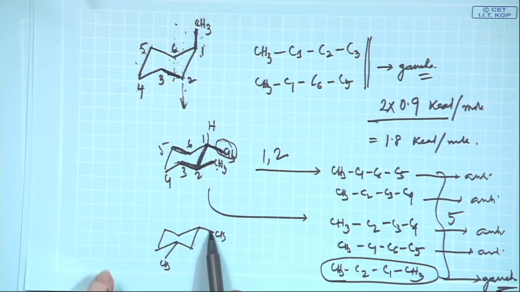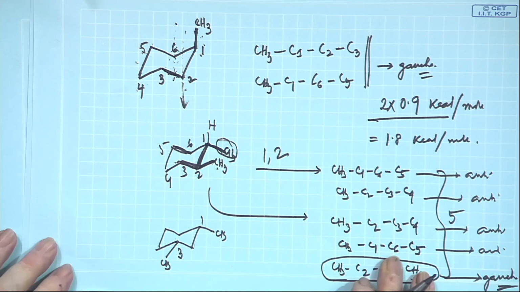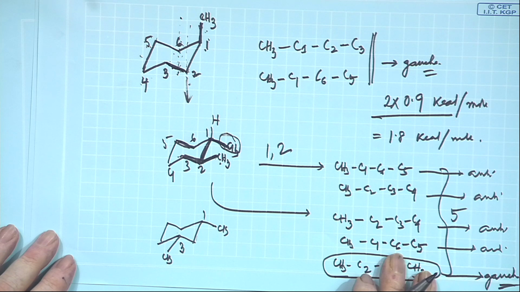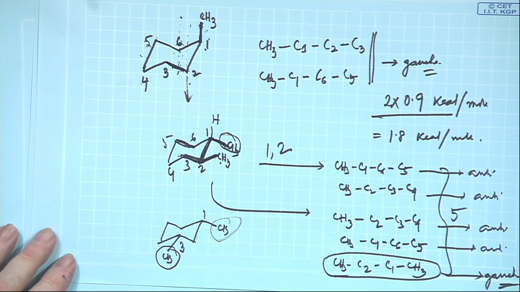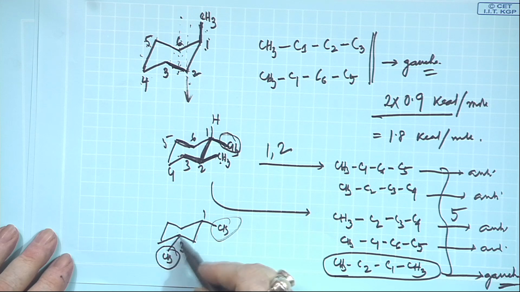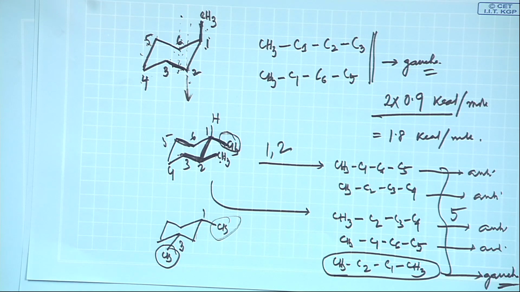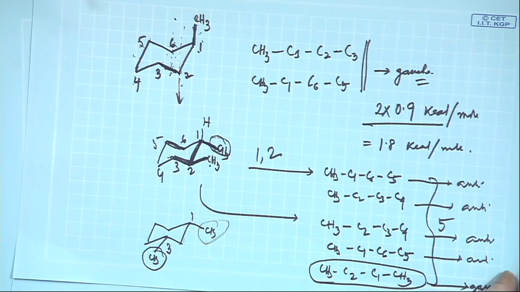If the methyls are 1,3, then there is no mutual butane unit. So additional butane units will be 2 for this methyl and 2 for this methyl, so 4, and because they are equatorial, everything will be anti to each other.